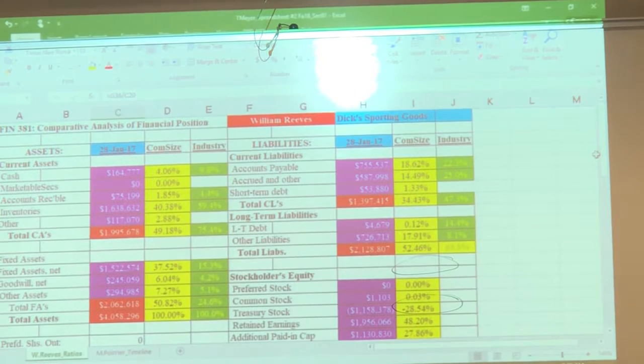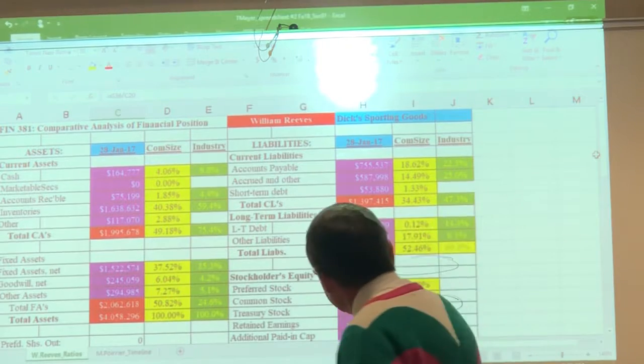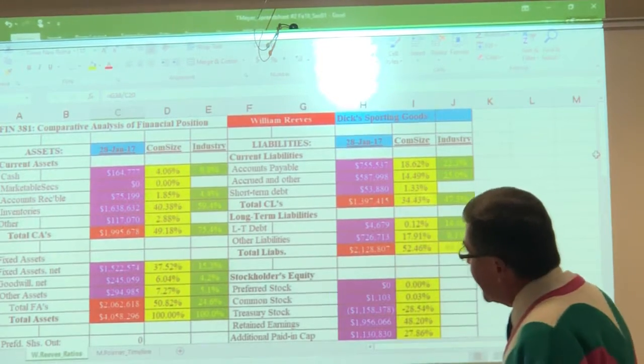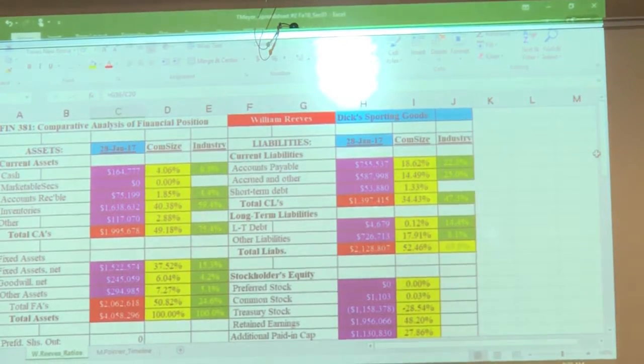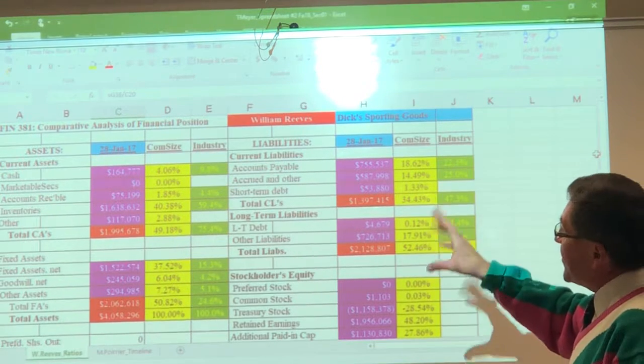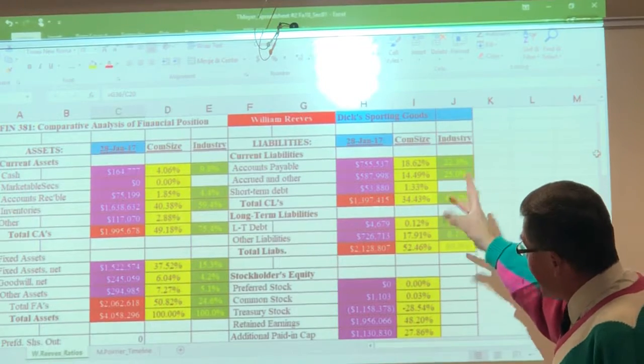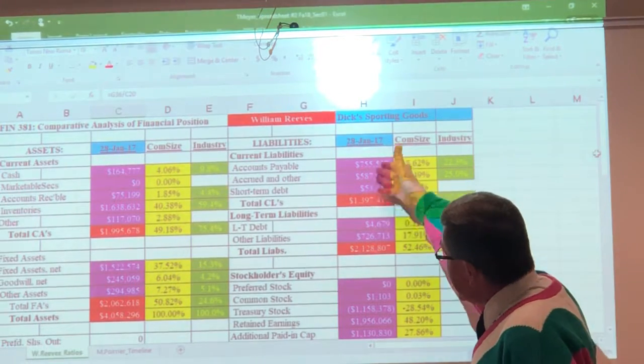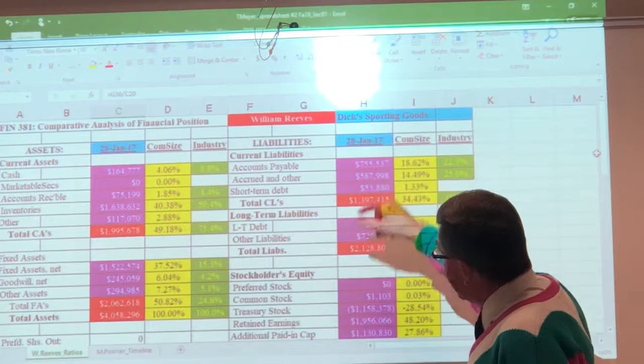Now, in the spreadsheet, and I'm going to put this on the board in a few minutes, it's not the first thing I'm going to put on the board, but I'm going to talk about the color coding. And what I'll just say is that, again, the purple cells are dollar amounts that you enter.